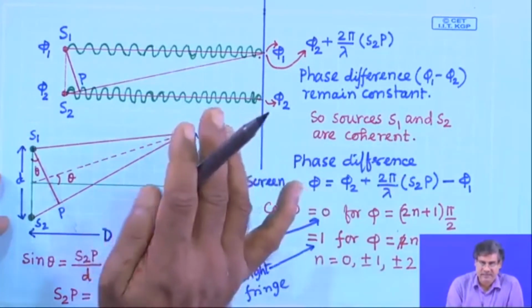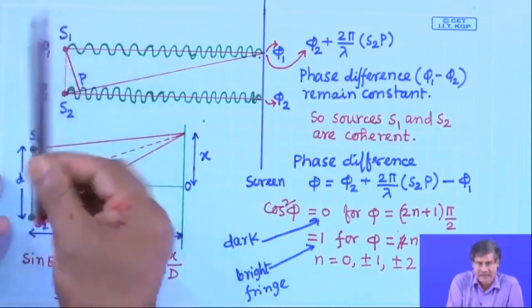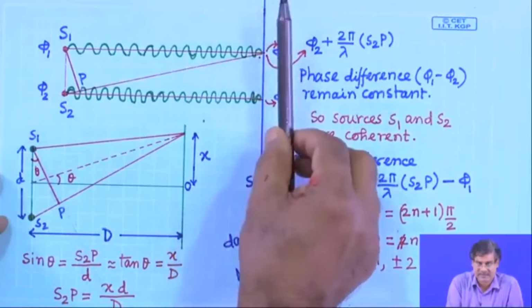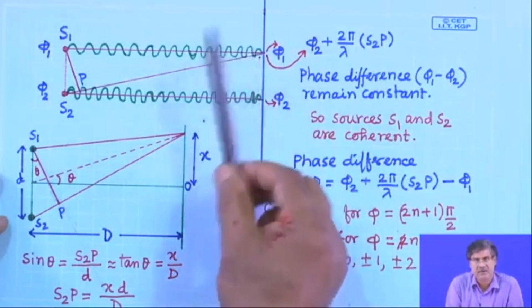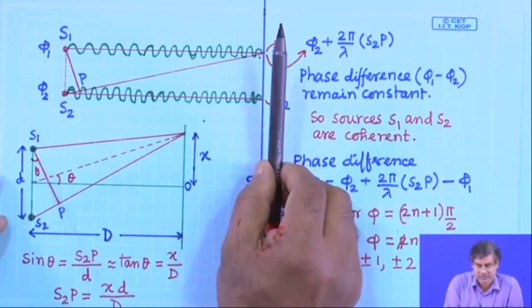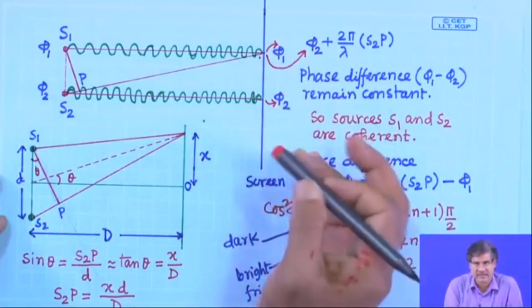It is not that the same phase remains constant everywhere, but at each place the phase difference between these two remains constant as a function of time. But it varies from point to point.